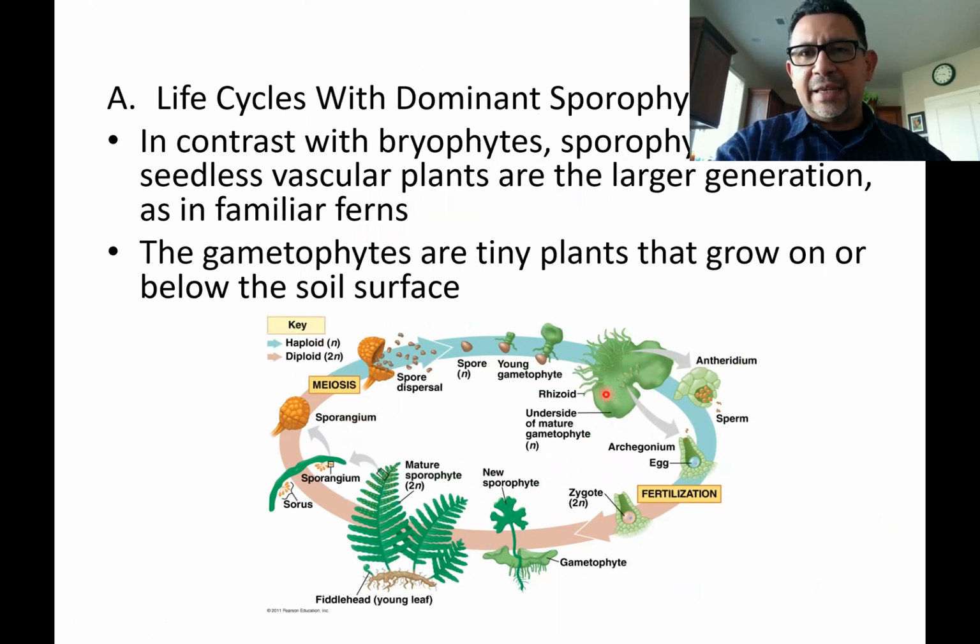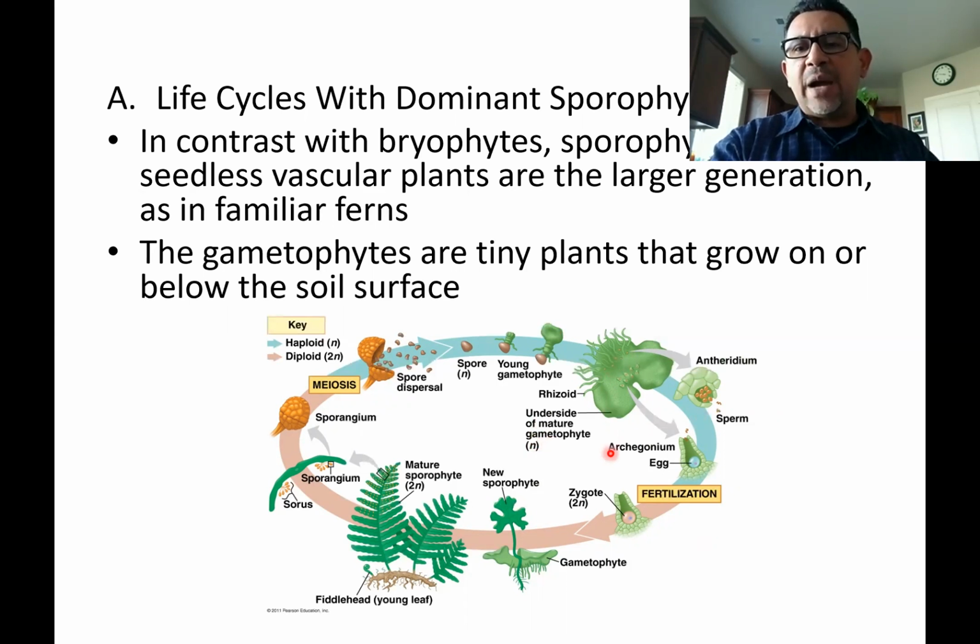Here you see what a fern gametophyte looks like. They're tiny. They live sometimes on the surface of the soil, and sometimes they live just beneath the upper layer of dirt where ferns live. And their purpose, as you know, is going to be producing the next generation of sporophytes. Gametophytes are haploid. And so the making of sperm and eggs is going to be by a division that maintains the haploid number of chromosomes.